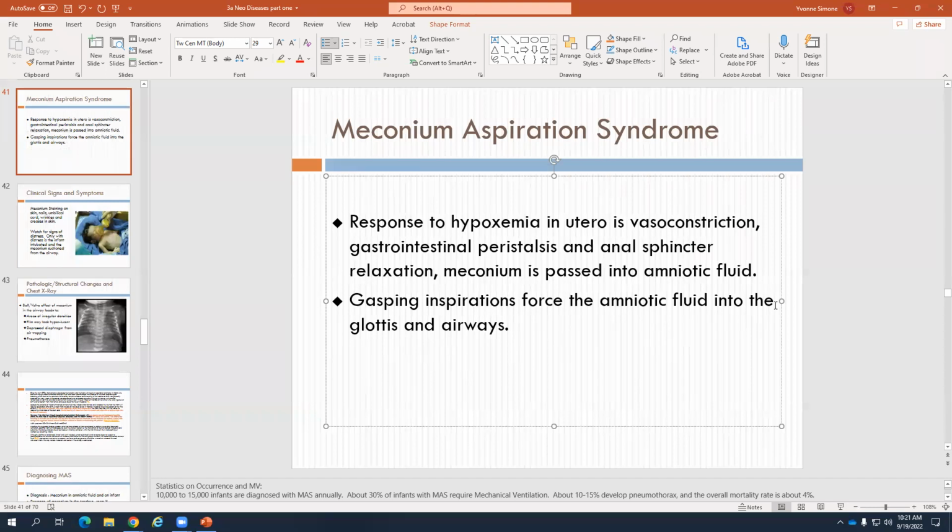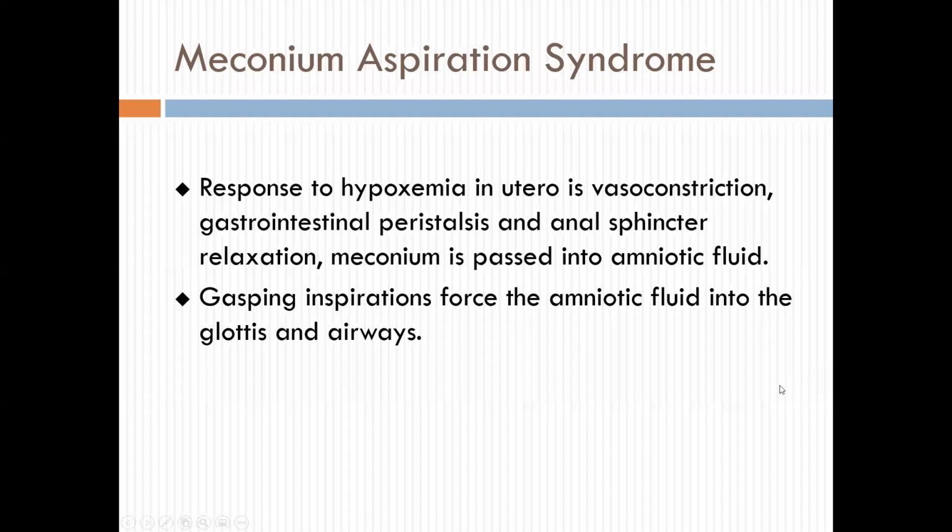So it's hypoxemia in utero that stresses the fetus. The anal sphincter relaxes and meconium is passed into the amniotic fluid. So anal sphincter relaxation because of stress. I guess that's the connection. And then gasping inspirations force the amniotic fluid into the glottis and airways.